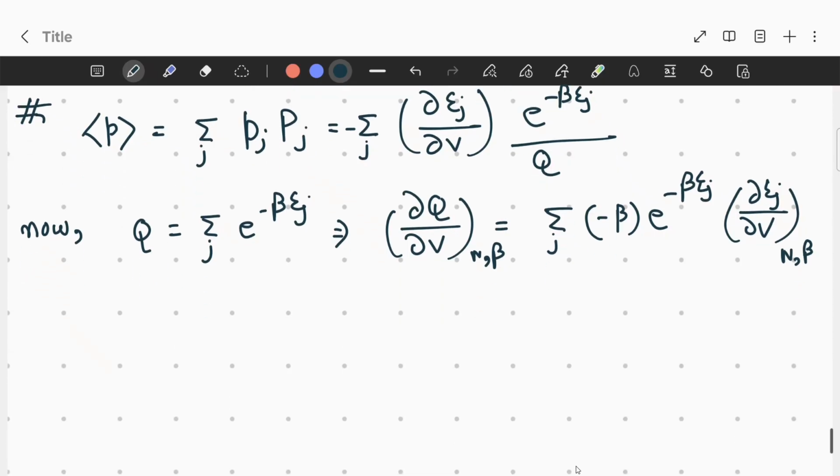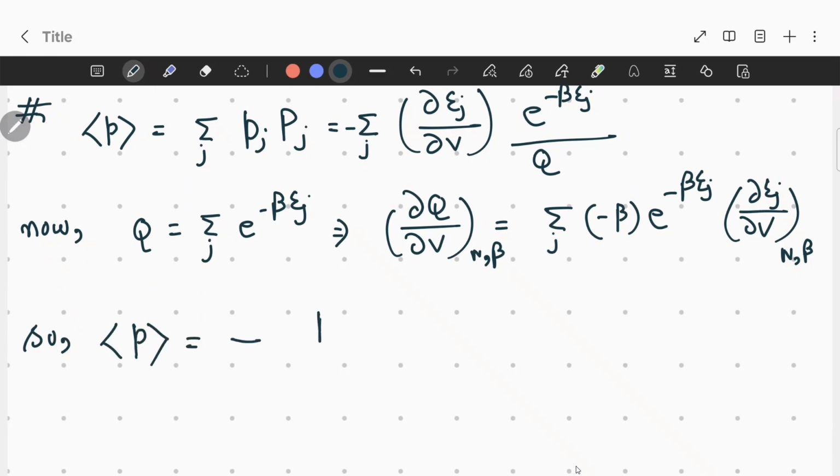Beta is only in the numerator here, so what we can do is multiply beta in the numerator and denominator both.